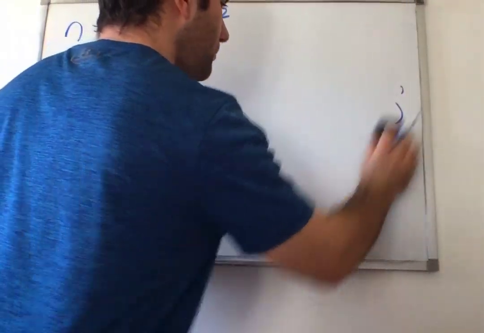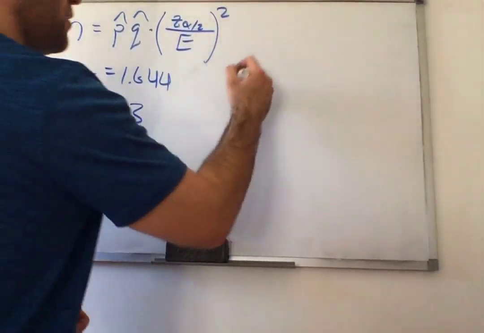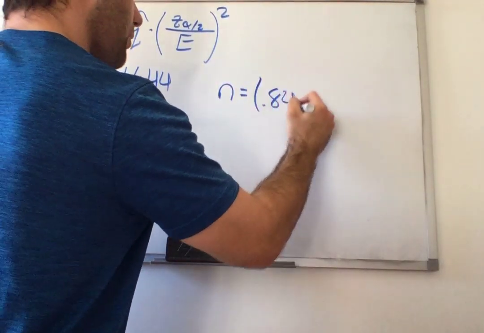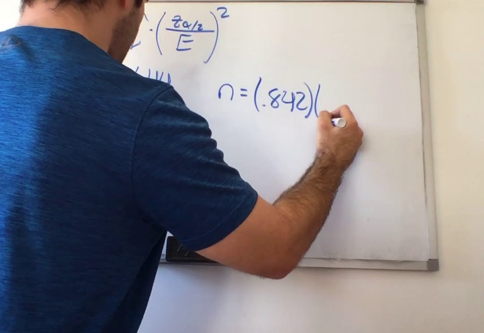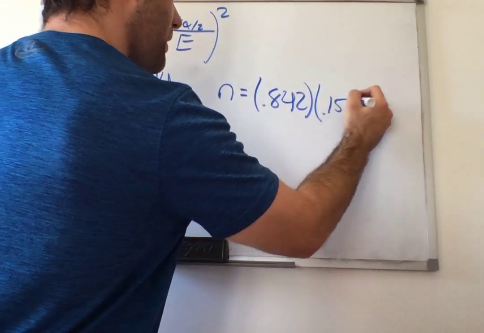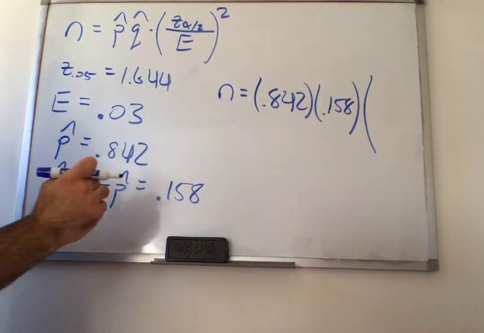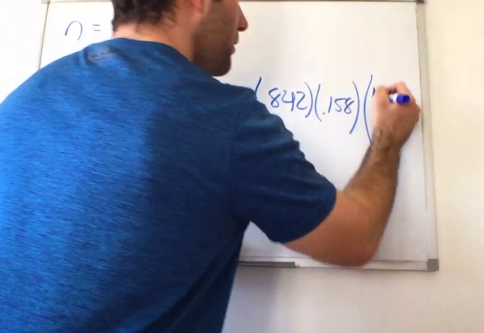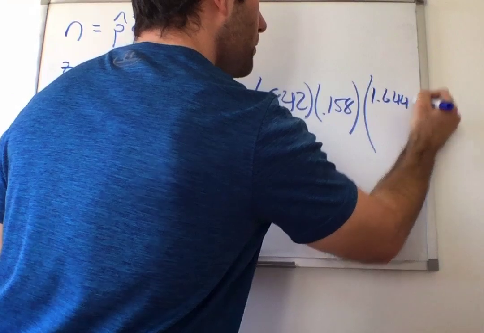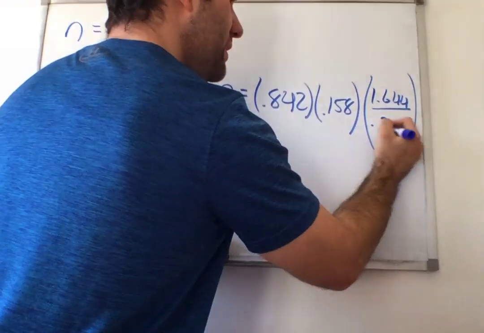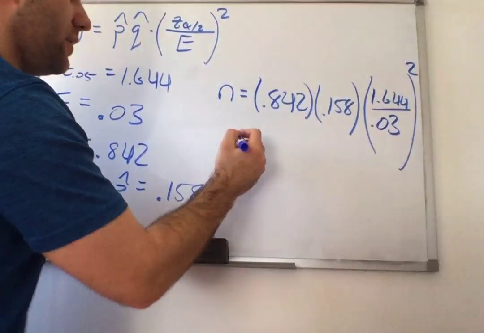So n is equal to p hat 0.842 times q hat 0.158 times my z of alpha over 2, which is 1.644, divided by my error 0.03. Then I'm going to square it.